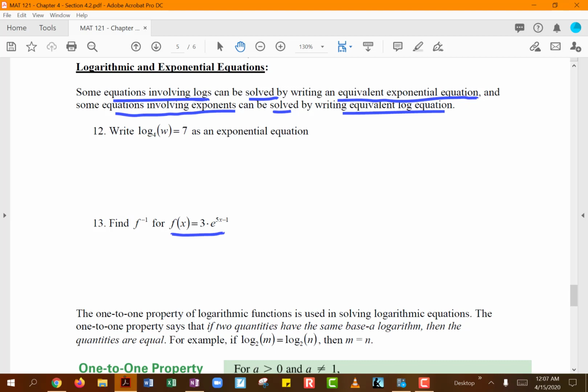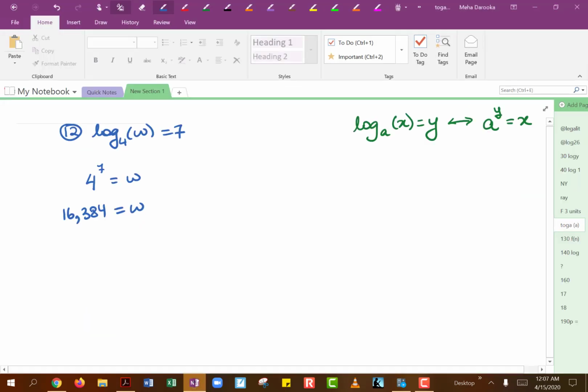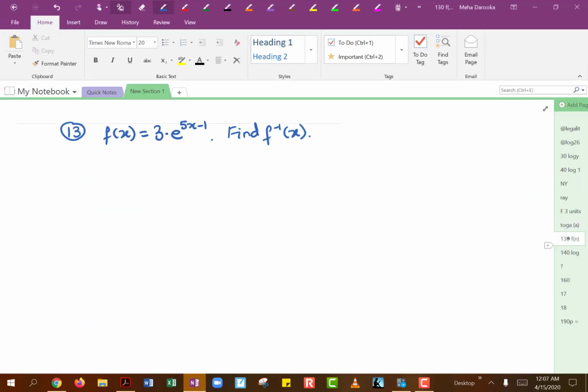Okay, so we are given the function f of x equals 3 times e to the power of 5x minus 1. Now they're asking us to find the inverse function. So of course this is our exponential function, which means its inverse function is going to be a logarithm, right? But to get to that answer, you actually have to use the switch and solve method we had seen in section 2.5.